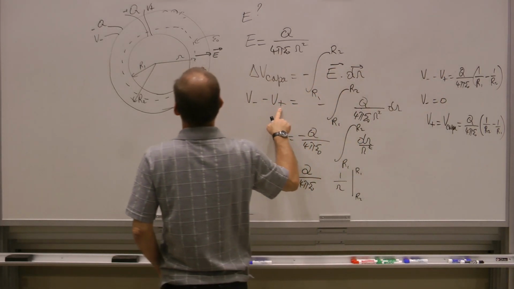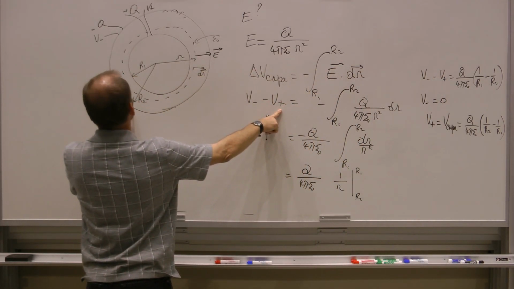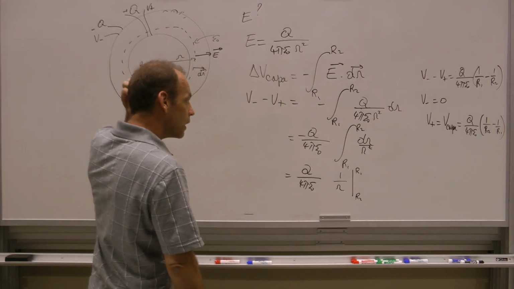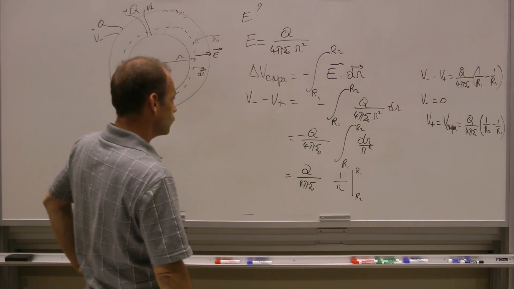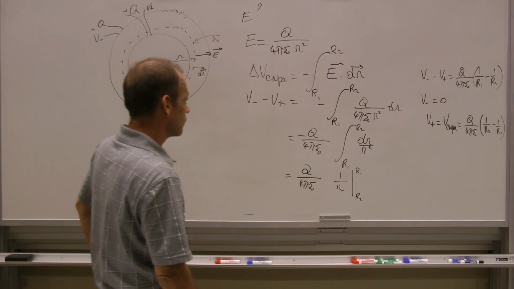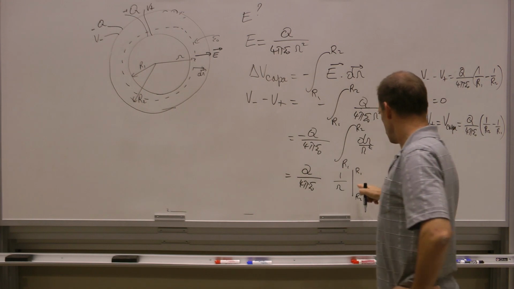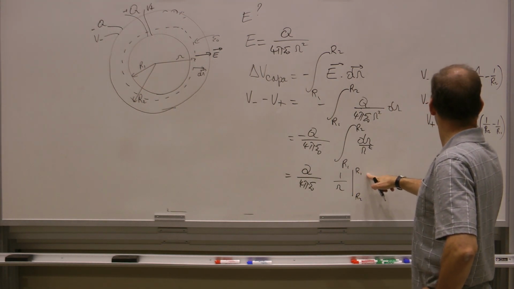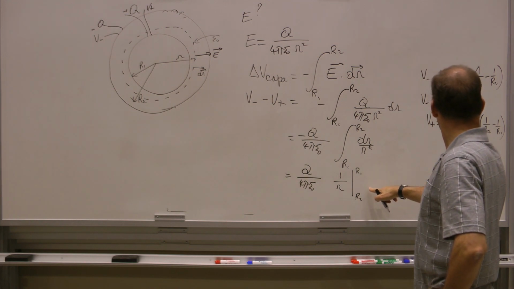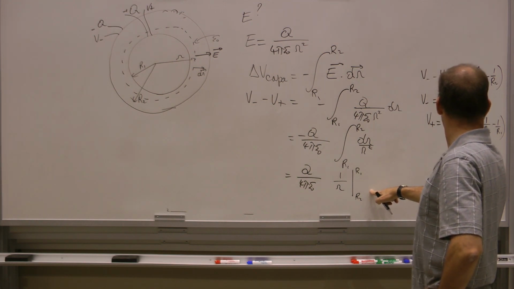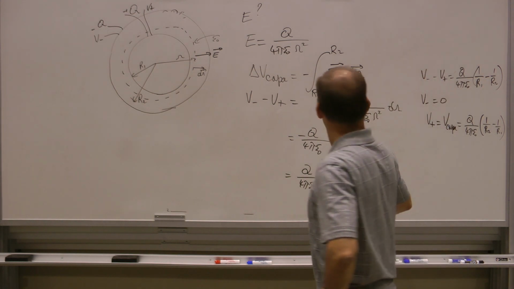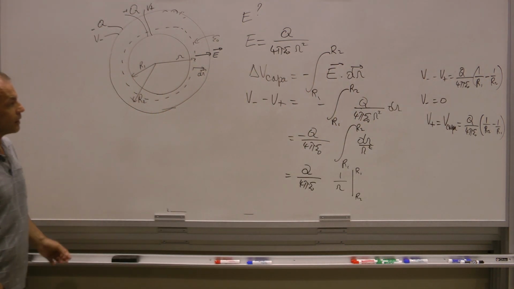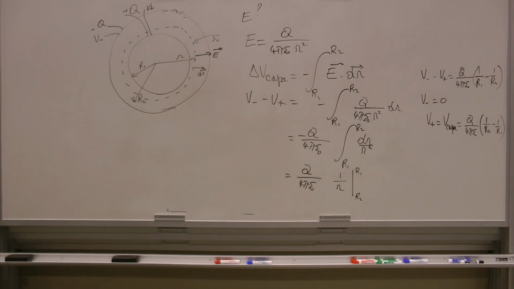So integrating from R2, which is the V minus minus V plus, negative Q over 4 pi epsilon 0, 1 over R squared, 1 over R1 minus R2. It should be the reverse. There's a sign error, I can't see it from where I stand.